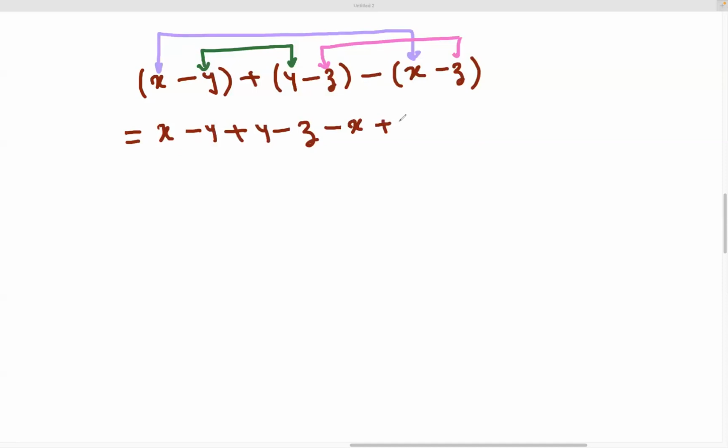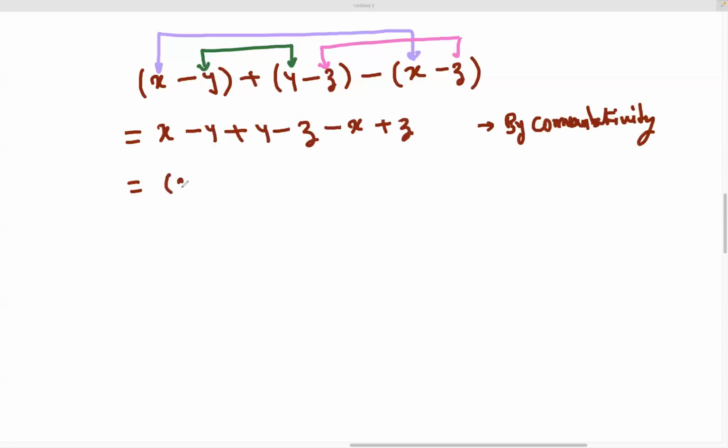So we have the plus z here. Now we could say that this is by commutativity, and then we can move these around.